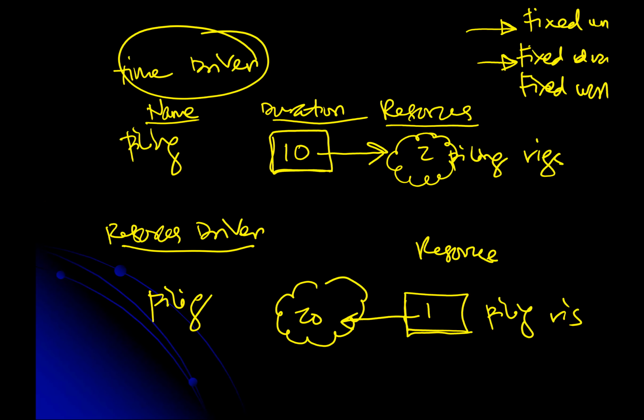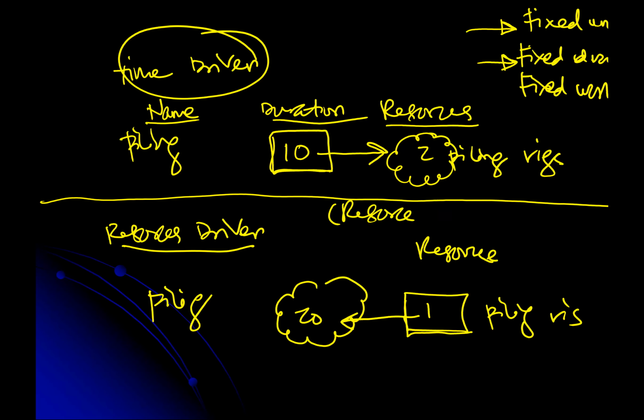So there are two scenarios here. This one, resource driven, we are going to relate to the concept of resource leveling. Whereas the time driven, we are going to relate to the concept of resource smoothing.